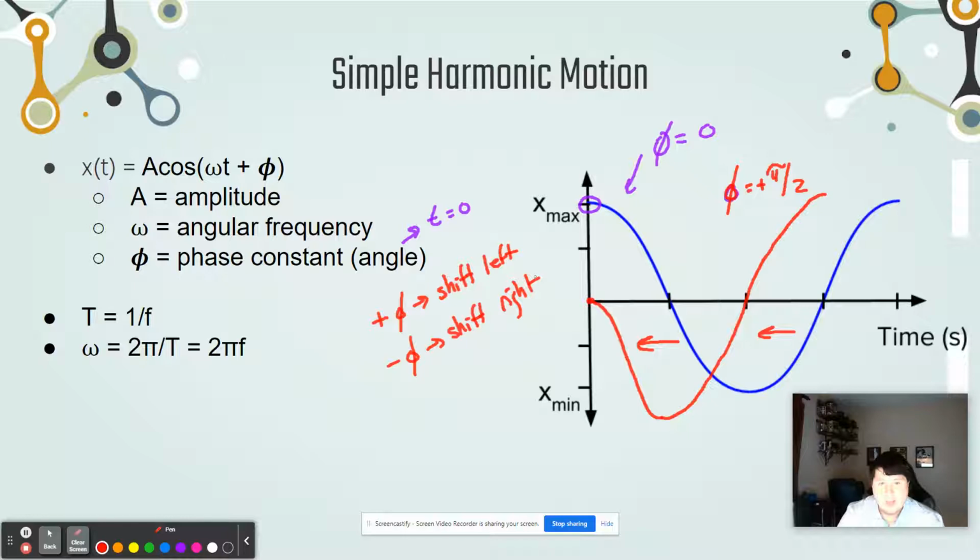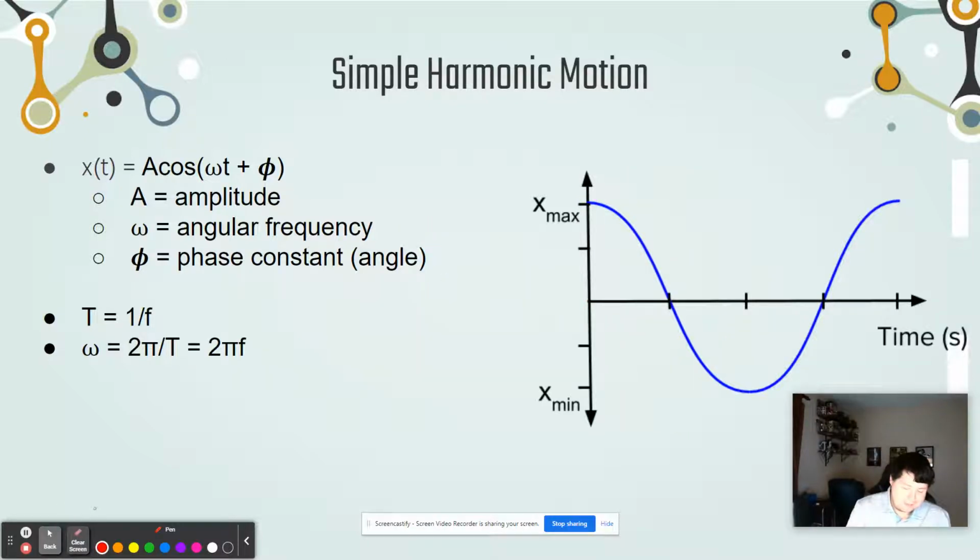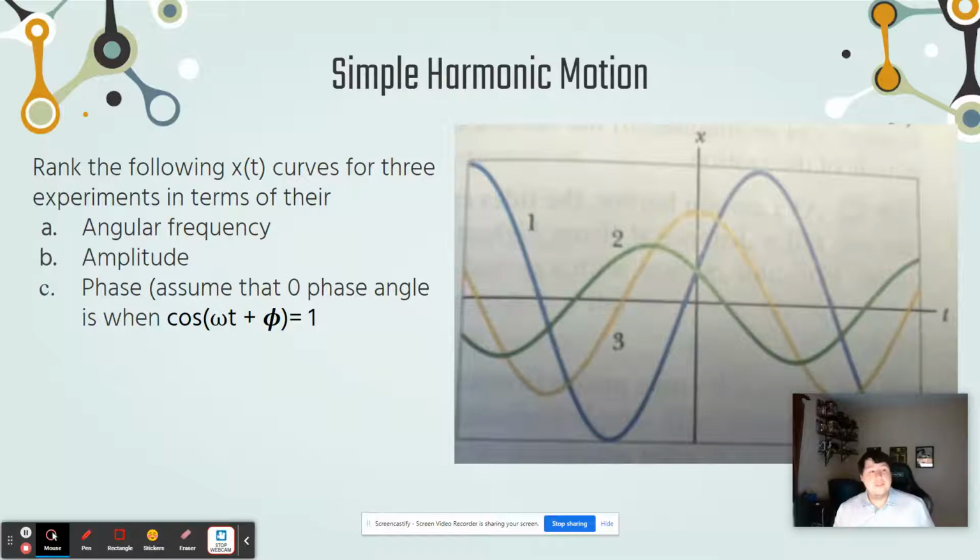Okay, let's go ahead and actually take a look at some examples of these values. So I've got 3 curves here to take a look at. Sorry for the image being a little fuzzy, but go ahead, take a second, pause the video if you need to, and rank the curves for these 3 experiments, 1, 2, and 3, based on their angular frequency, amplitude, and phase.